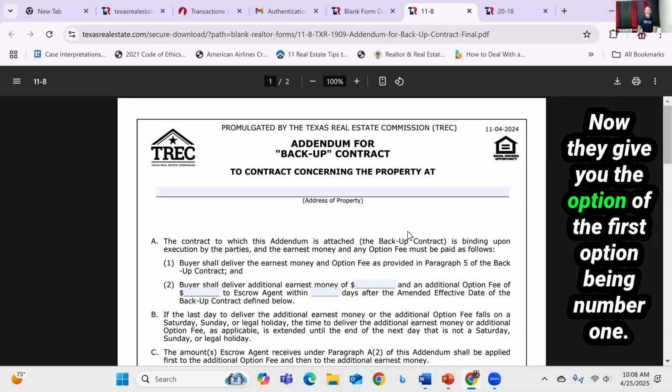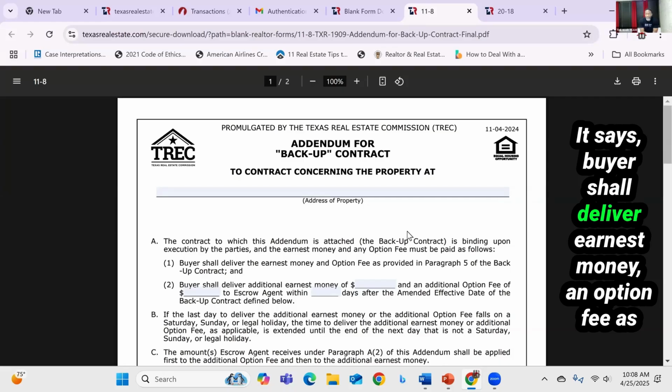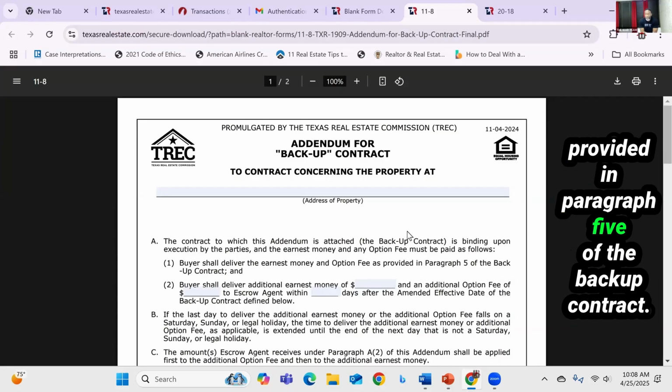Now, they give you the first option, number 1. It says buyer shall deliver earnest money and option fee as provided in paragraph 5 of the backup contract.